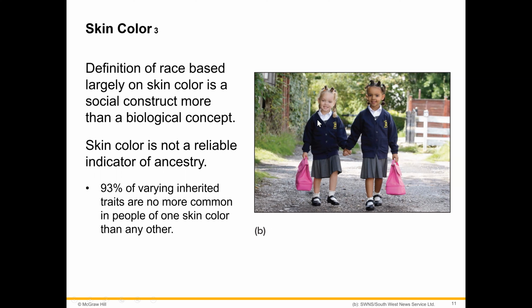However, you see one girl has very light skin, and the second girl over here has darker skin. You would look at it and say, yeah, they're definitely a different race. So is that a biological concept? Of course not. This is just what people made up. It's a social construct. It's not biological.